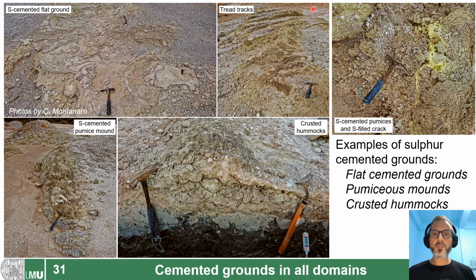Cemented pumiceous mounds and tracks form around excavated areas, heated and degassing sites, with sulfur precipitating on reworked material or machinery tracks, as you can see in this example. It's quite spectacular pumice-rich reworked material with sulfur filling up cracks and spaces between pores, or in this case where the sulfur precipitation basically froze the tread tracks of the machinery.